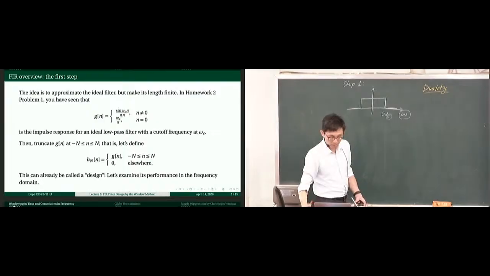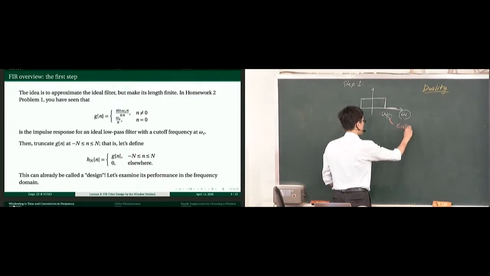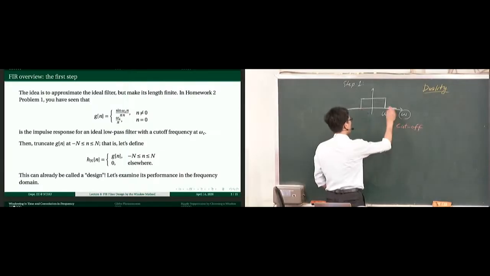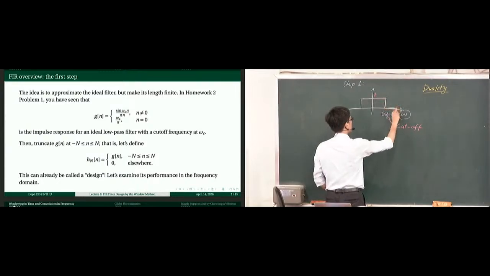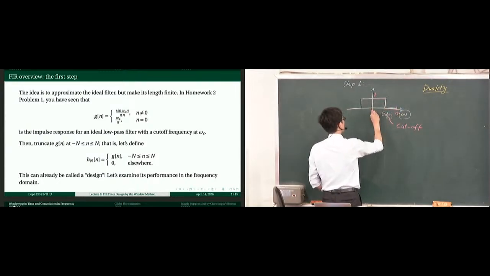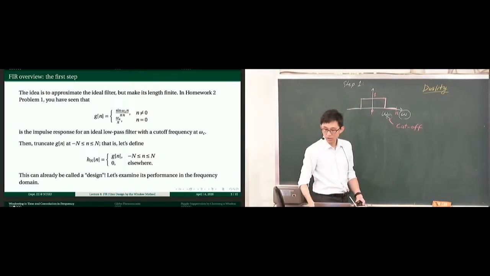It has gain 1 in the passband and gain 0 in the stopband, with a very sharp, rapid transition from 1 to 0. It keeps every frequency in the passband and completely rejects every frequency in the stopband. This is the ideal behavior that we want.